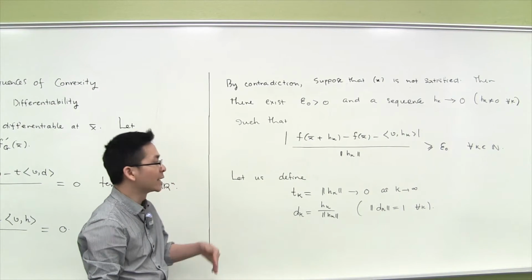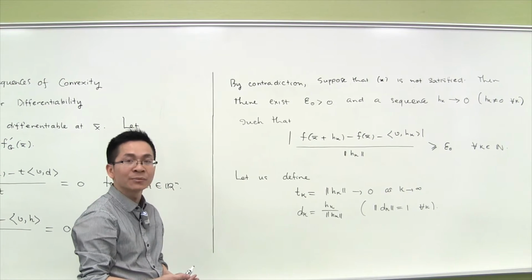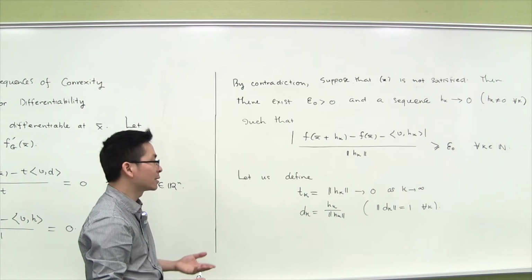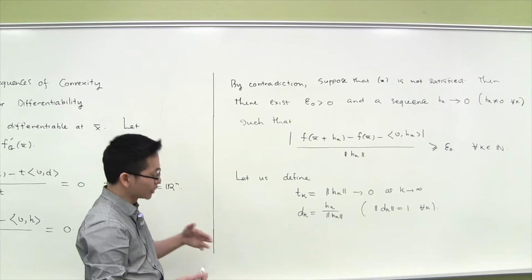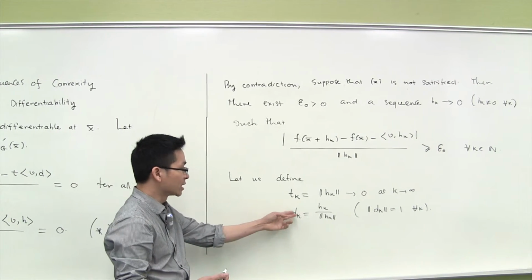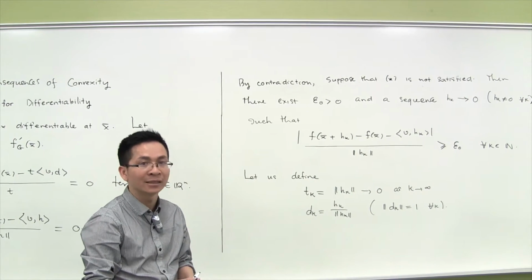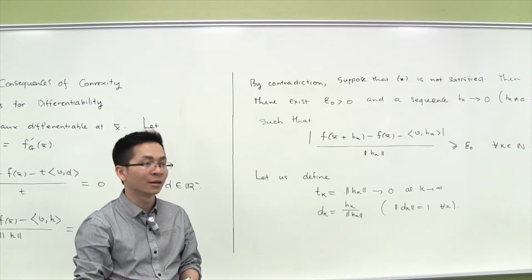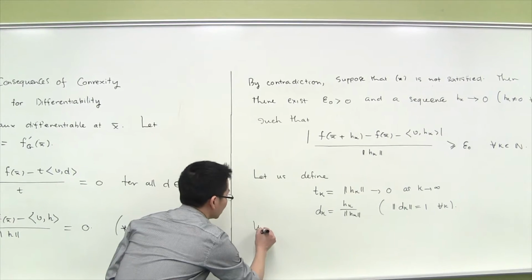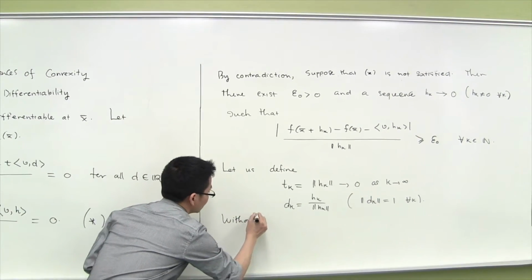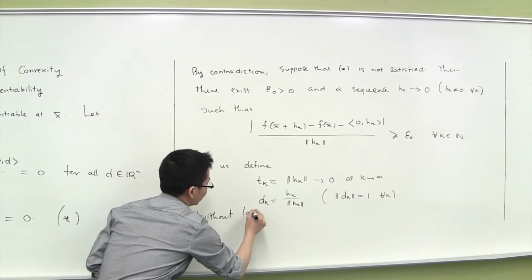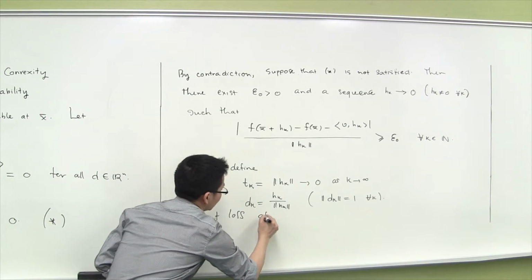As we know, any bounded sequence has a convergent subsequence in Rn. So by working with a subsequence, we can assume without loss of generality that dk converges to an element d in Rn as k approaches infinity.